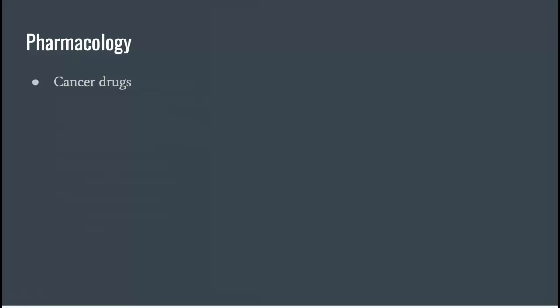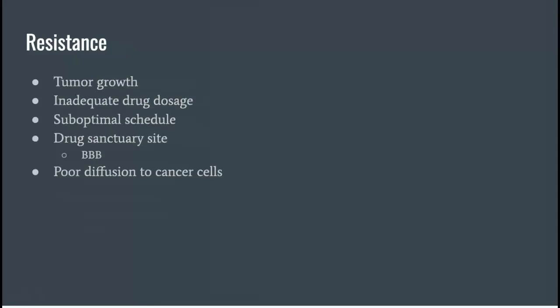So there are different types of treatments, including chemotherapy, hormone therapies, targeted cancer drugs, immunotherapy drugs, and bisphosphonates. And for resistance, we have 5 different methods.